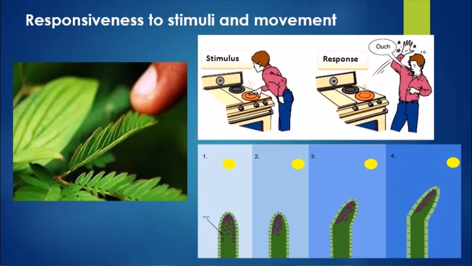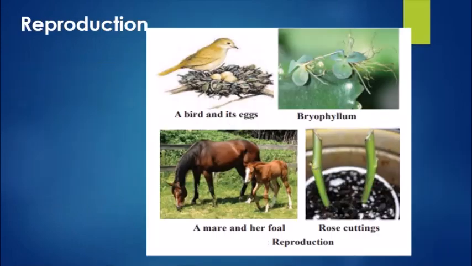If you see a plant, it moves towards the sun, wherever the sun is there, it will start to grow towards it. So this is called as the movement in plants. So responsiveness to stimuli and movement are the two characteristics which living organisms have.